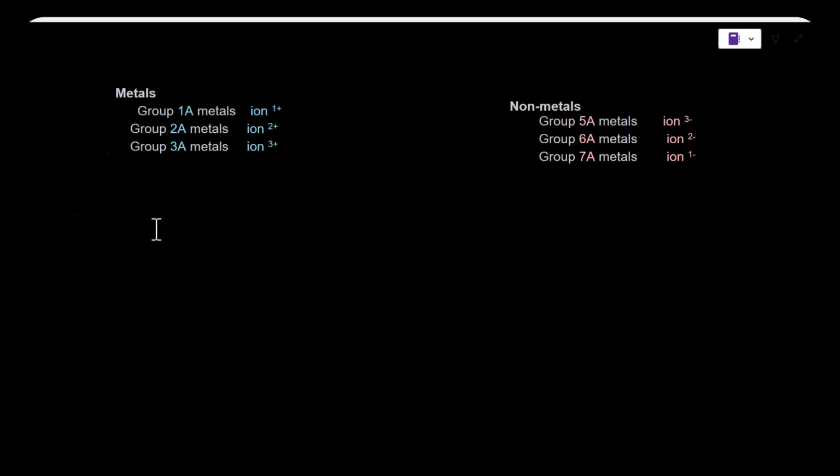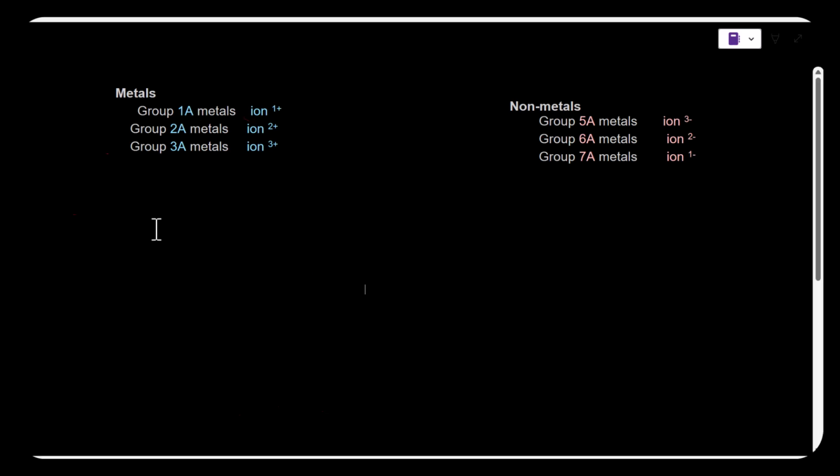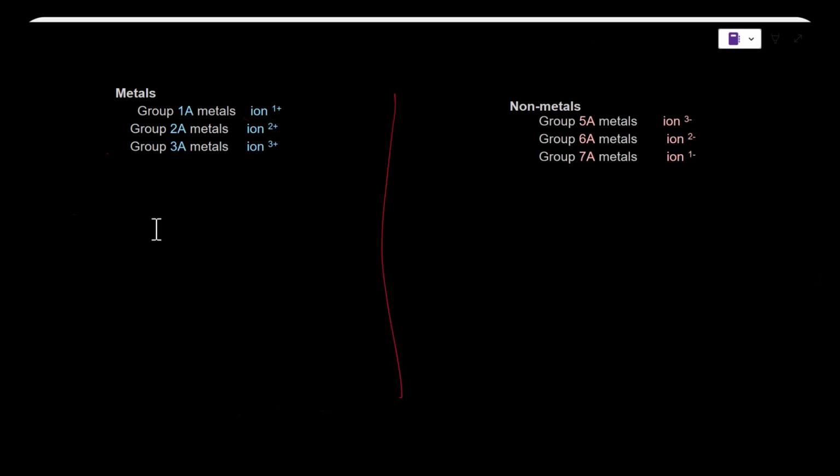When writing formulas for ionic compounds, the total number of positive charges must equal the number of negative charges. So far, we had sodium chloride, which is a 1-to-1 ratio. But obviously, not all ionic compounds are 1-to-1 ratios. So let's split this down the center. If we went to group 3, where it has a cation of +3, just put 3 here.